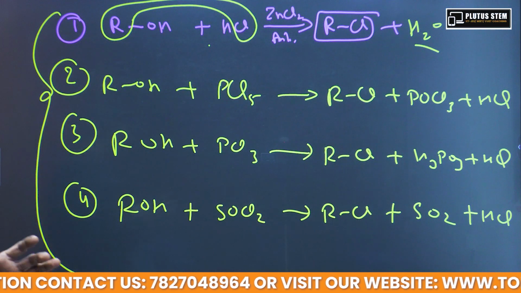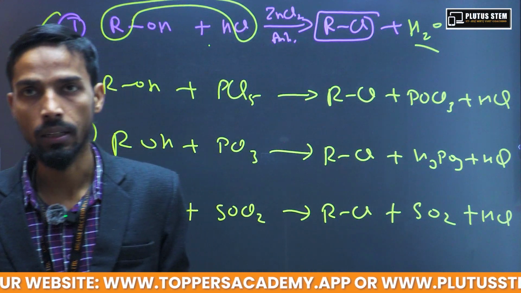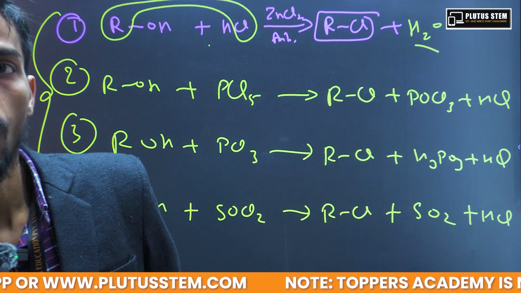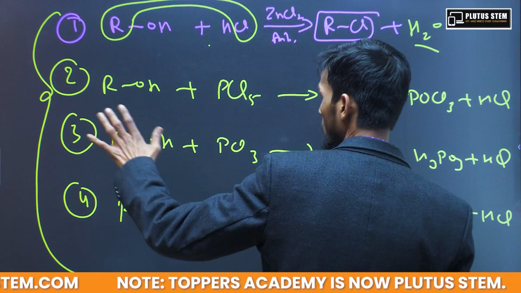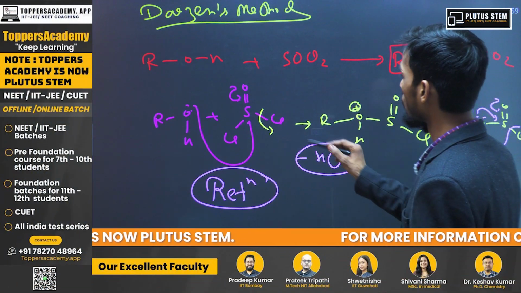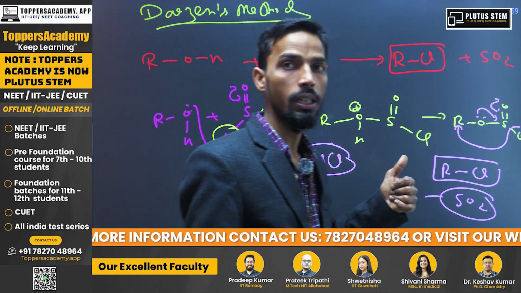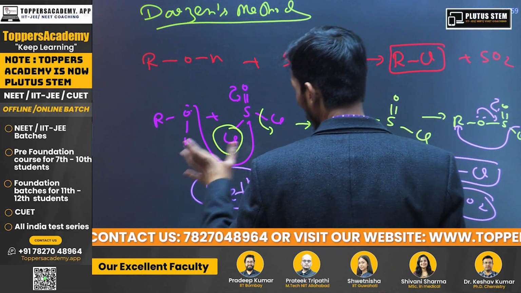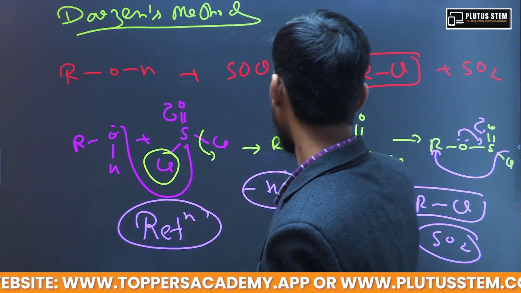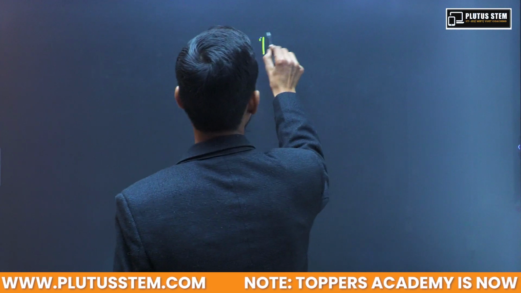And one more important thing I am telling you: most of the time we are going to study chlorine and bromine. Chlorine and bromine are prepared importantly from all these methods. But except for SOCl2, with which we can only get chlorine, not bromine. From this reagent we get only RCl, but from all other reagents we can get chlorine and bromine.